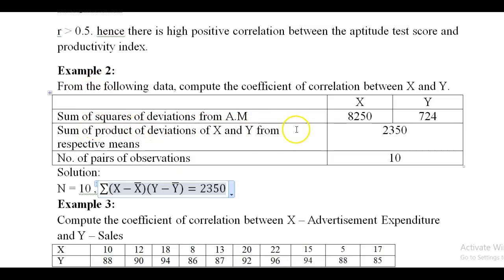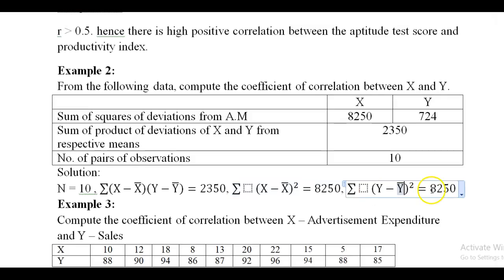Then sum of squares of deviations from arithmetic mean, that is summation of x minus x bar the whole square, which is given as 8250. And similarly summation of y minus y bar the whole square is given as 724.